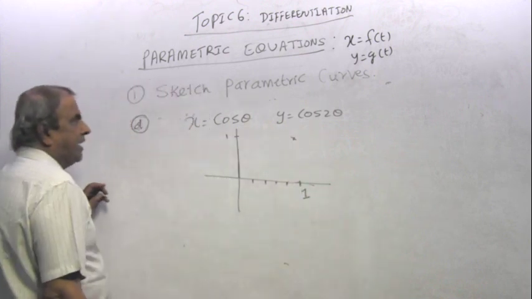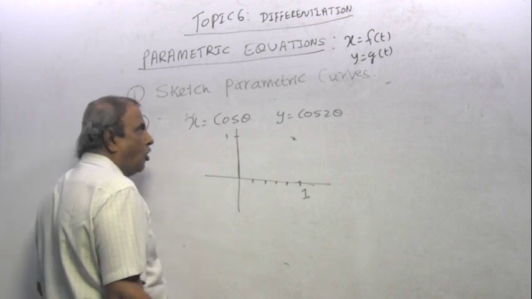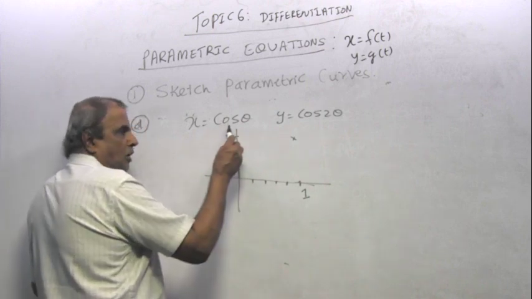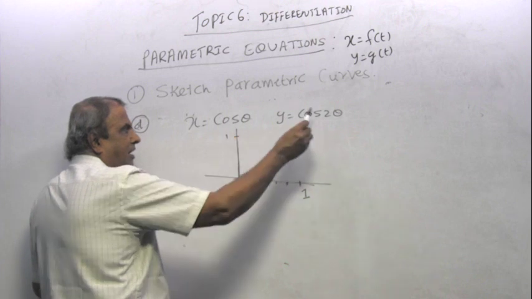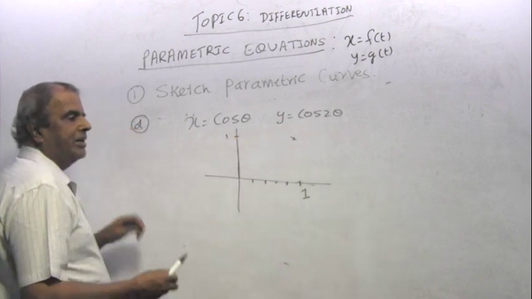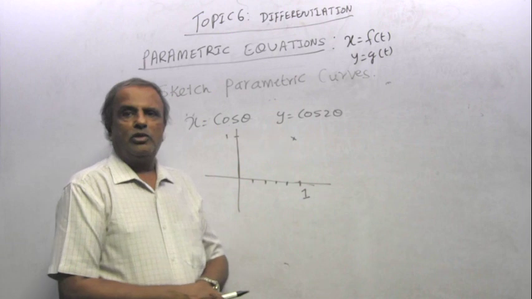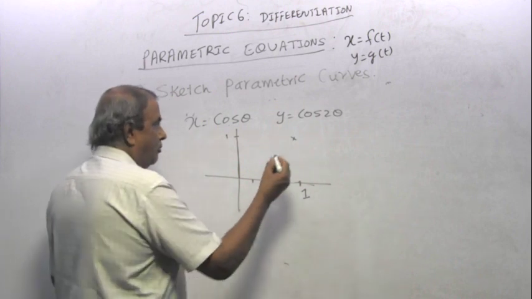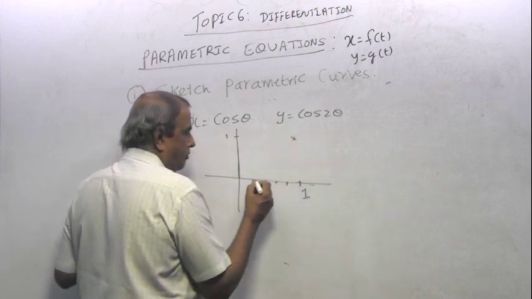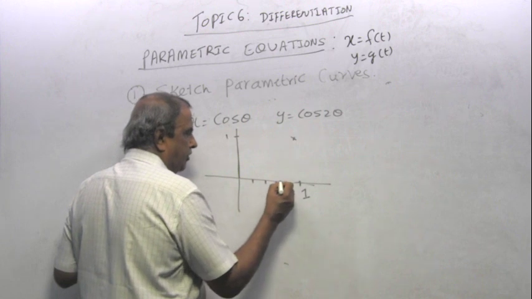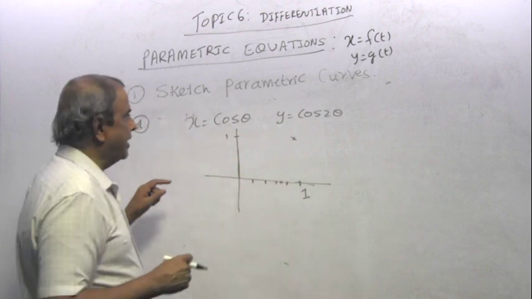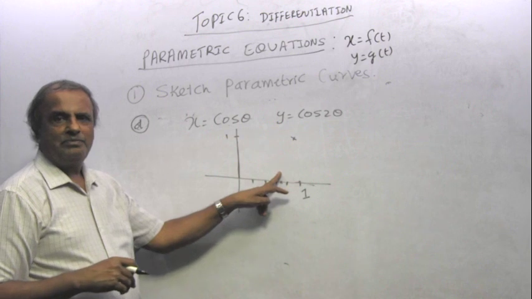At theta equal to pi over 4, x is 1 over root 2, 0.7, y is cos of pi over 2, which is 0. So 0.7 and 0. You understand that? Up to 45 degrees.